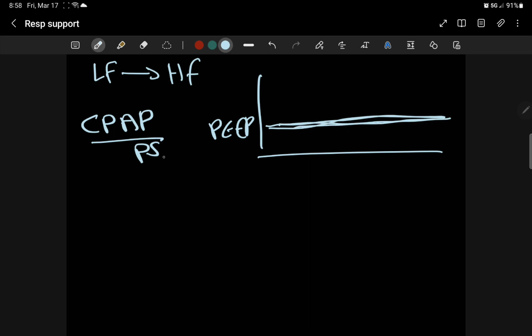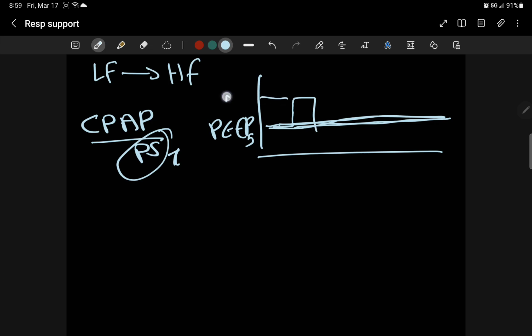At times you give that patient pressure support, which basically means that every time the patient takes a breath, it gives you pressure support. So let's say I'm setting that patient at 5 of PEEP and pressure support of 7. So every time that patient takes a breath, it gives you PEEP, and then that pressure support of 7.